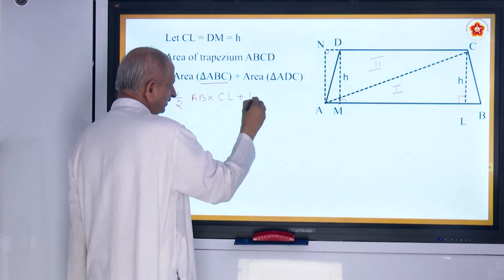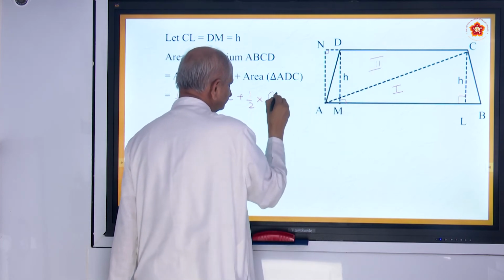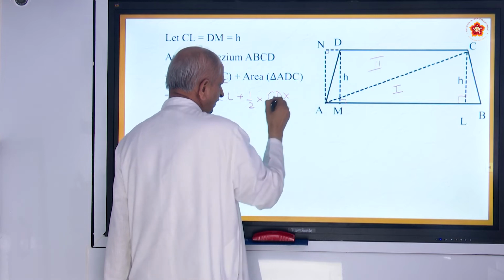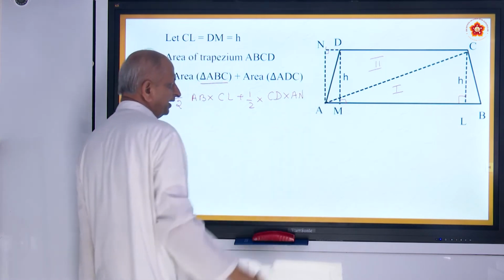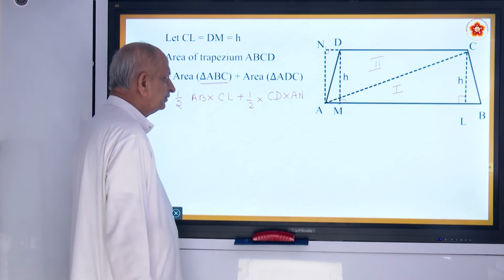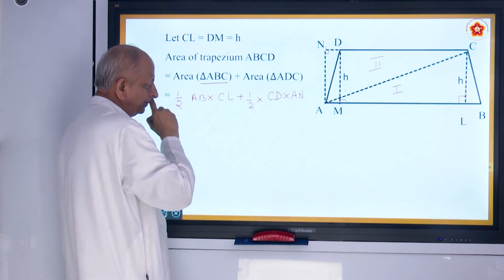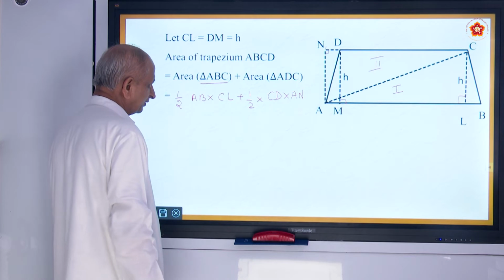And ADC, here base is CD, and height will be AN, the perpendicular drawn from A to N. Correct? So the line is produced from C, because it is an obtuse angle triangle. That's why you have to produce it.